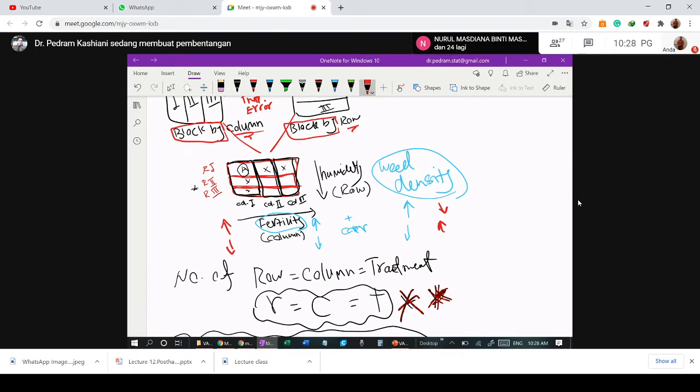This is negative correlation. But the thing is, fertility and weed density are related together. When it is more fertile, of course I have more weeds. So these two, column and row, are related together. They interact together. This can cause all of your Latin square to be wrong.